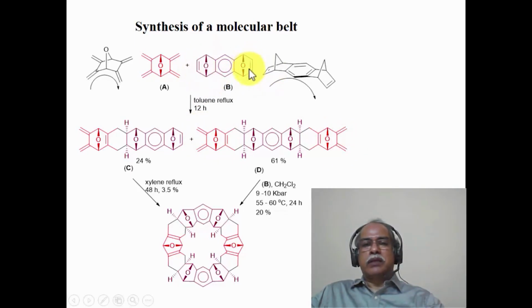This portion as well as this portion behaves like a dienophile, and it produces this cyclic structure in about 20% yield. This Diels Alder reaction is carried out at high pressure, 9 to 10 kilobar, and around 60 degrees or so. Such a fascinating molecule has been generated by a multiple Diels Alder reaction in this particular example.